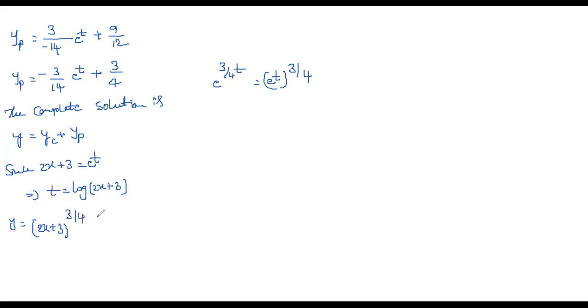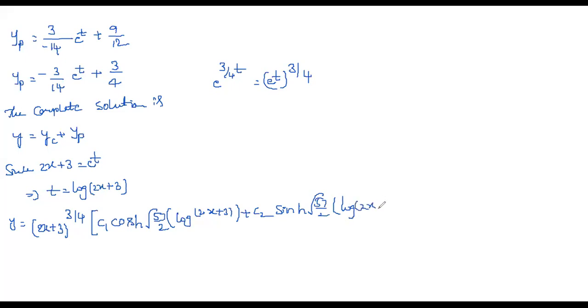c1 cos h root 57 by 2 into t, where t is nothing but log of 2x plus 3, plus c2 sin h root 57 by 2 into log of 2x plus 3. Okay, this is yc, we got it, plus yp.